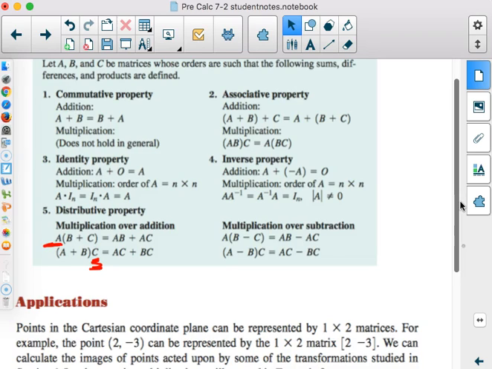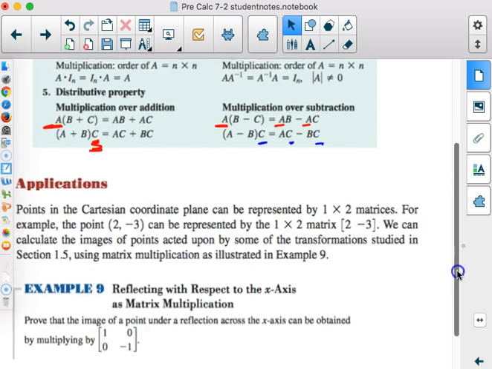So the determinant cannot be zero for those matrices. And then again, order is going to be important when we distribute these. So A on the left has to be in that order when we distribute, and then C on the right has to be in the rightmost position when we do that multiplication. So the properties are a little different than what we just know for overall properties of numbers.